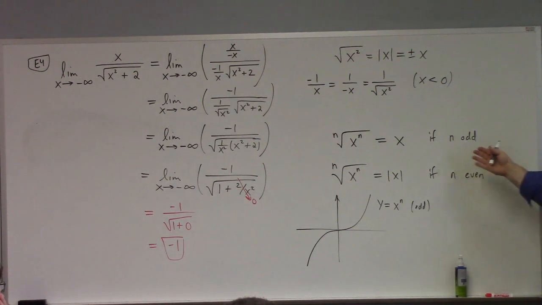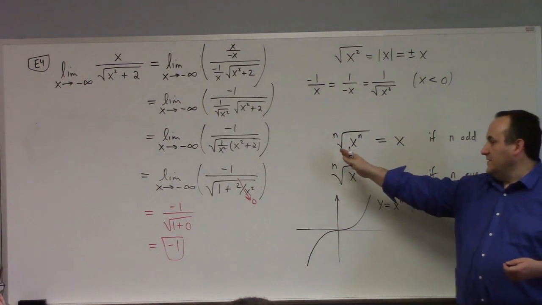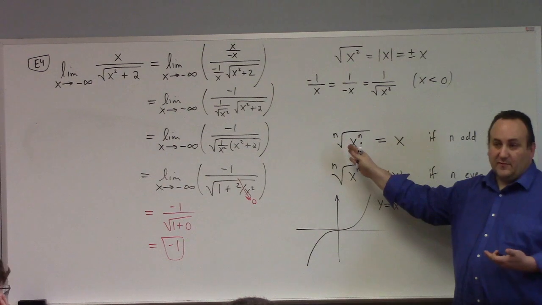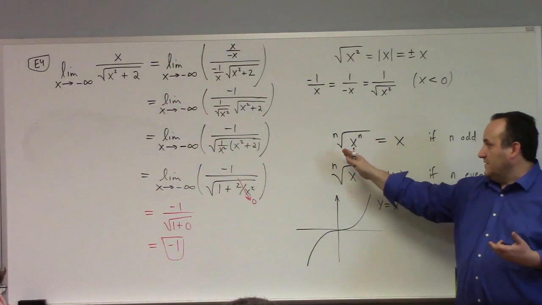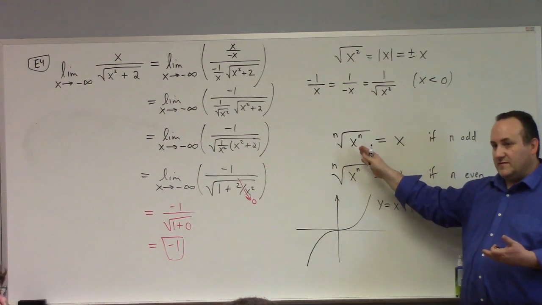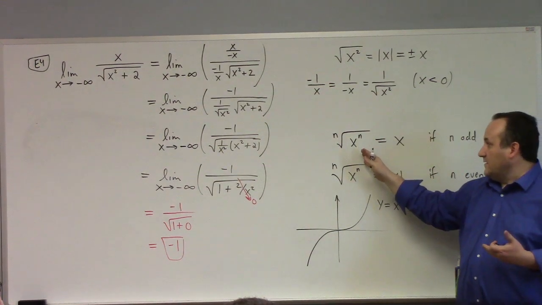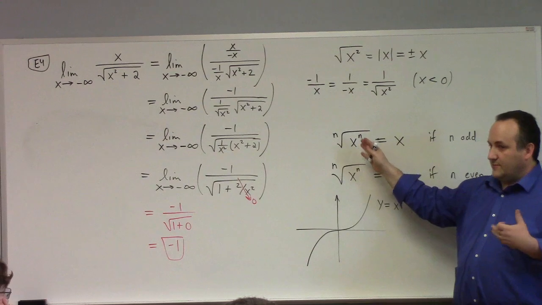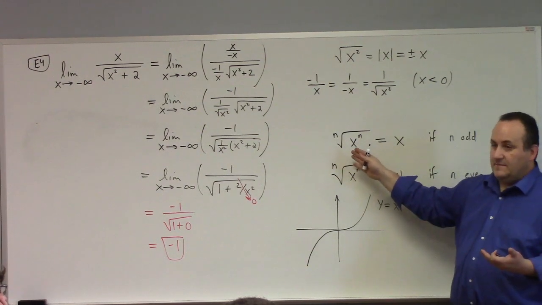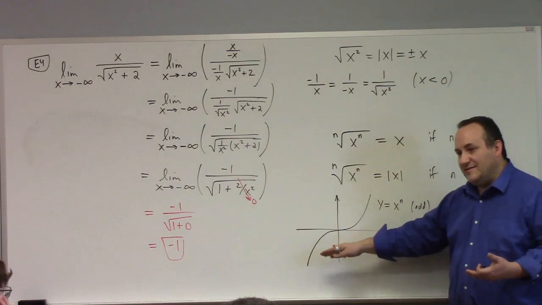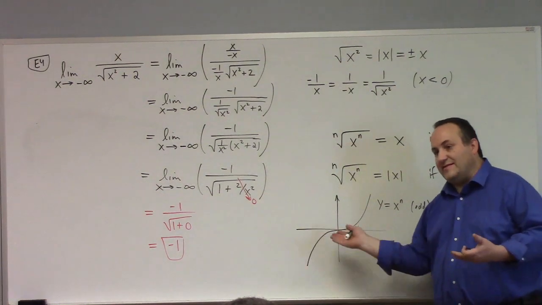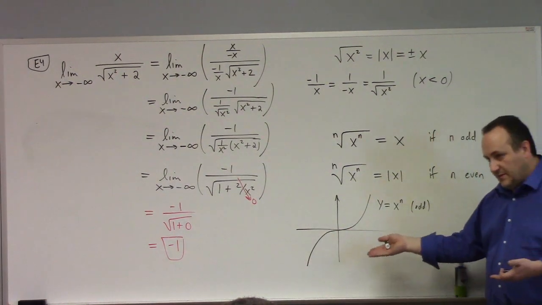So when I compose the nth root function with the nth power function, I get back where I started, right? That means the composition of the nth root function and the nth power function is the identity function. In other words, the nth power function and the nth root function are inverses. That's possible because for the odd power, it's a one-to-one function. It passes the horizontal line test. It has what we call a global inverse.